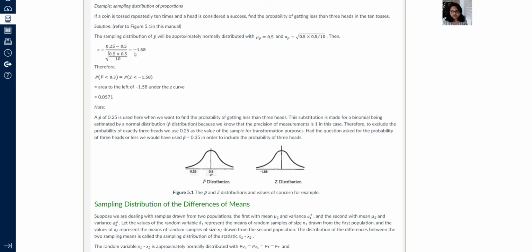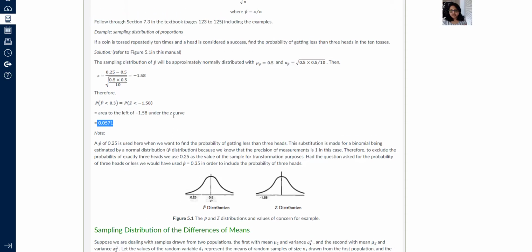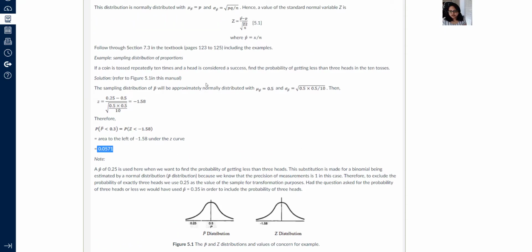For that Z value, you need to go back to the Z table and find the area under the curve for negative 1.58. You will see that the area would be 0.0571.